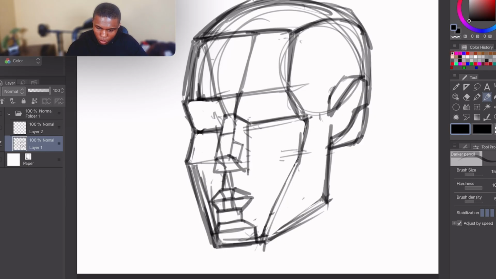How do I draw a nose? Let's see how to draw a nose. Yeah. So this is also very important.